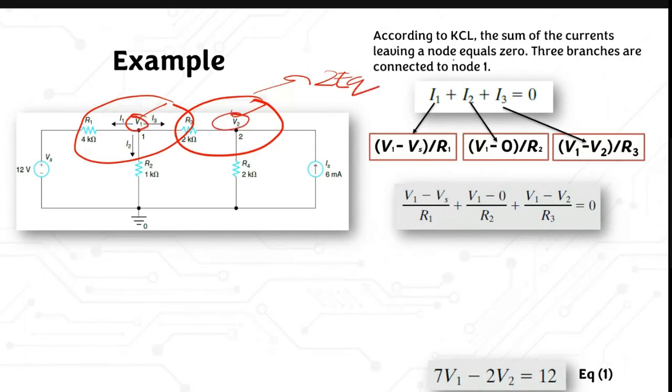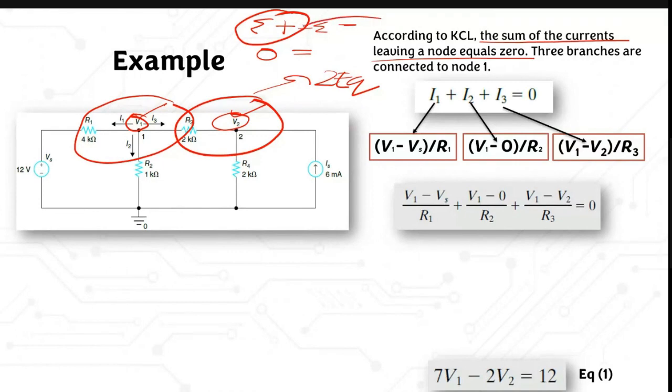For this one, the sum of current leaving a node is equal to 0, because there is only current leaving the node. The current entering the node is 0. You don't have it, so you just put 0.